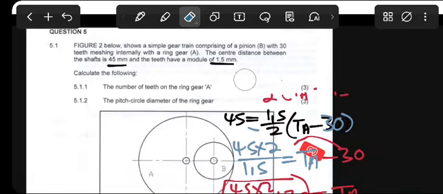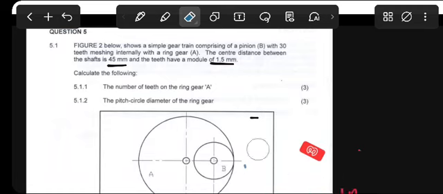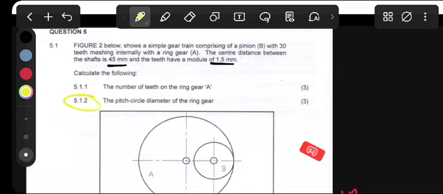Now since we have 90, part B says we should determine the PCD, the pitch circle diameter, of the ring gear.